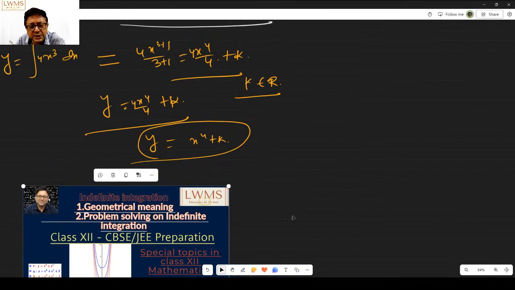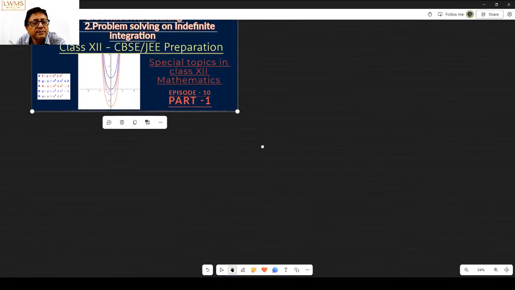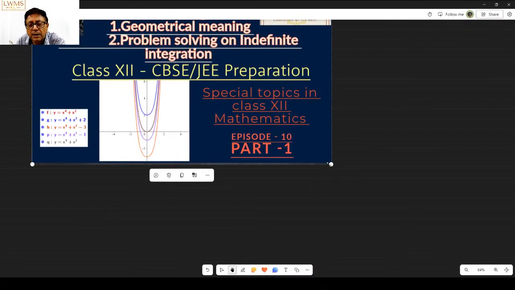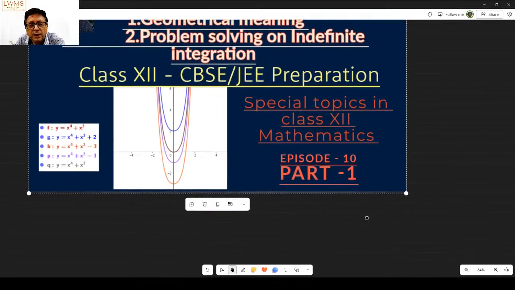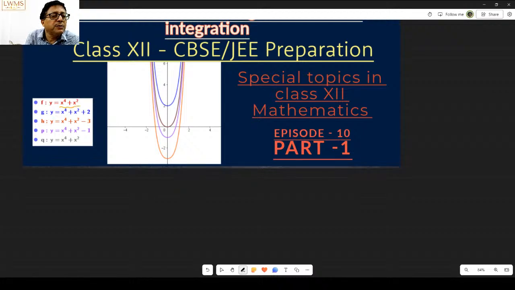Just consider this part. What I have drawn there, just this part you consider. If a function is taken in this manner, one is x^4 plus 4, x^4 plus 4 plus 2, x^4 plus x square minus 3. See, different curves and different inks are used in my diagram.